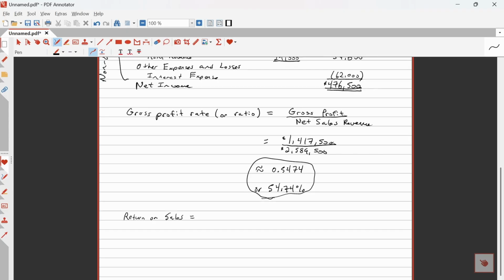Net income divided by net sales revenue. This is a metric that a lot of investors like to use, although I don't think it's as indicative of the company's core underlying performance. I think the gross profit ratio is a better measure of their core performance than return on sales.